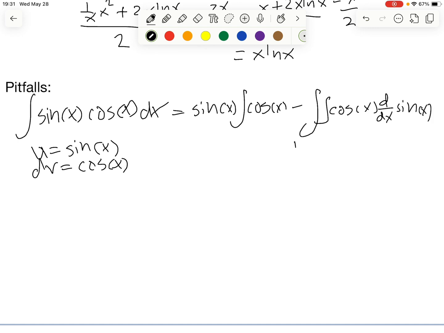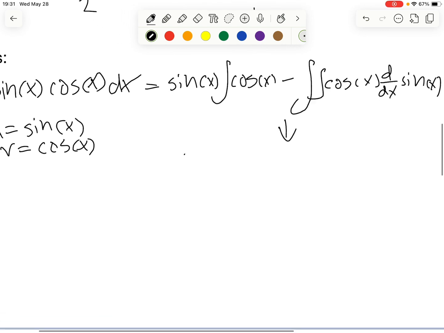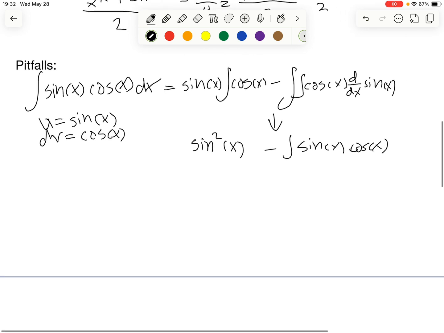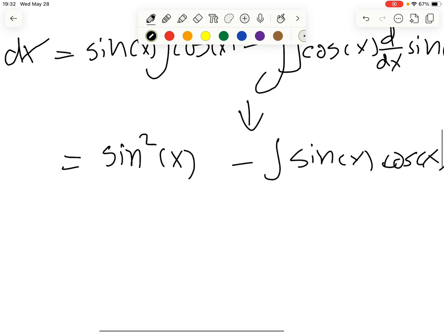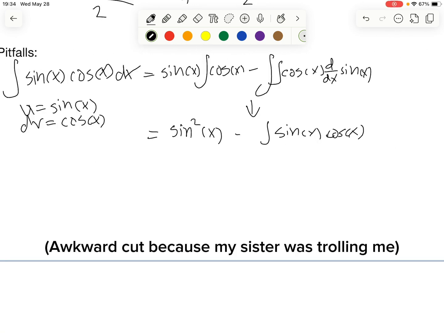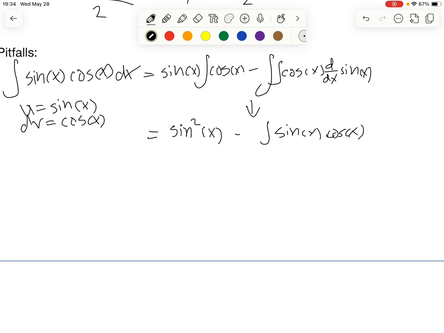Of course, after using the fundamental rule of calculus, we find that that's equal to sine squared x minus the integral of sine x cosine x. And what we found is that instead of getting a solution, we've actually completely recreated the original problem and just slapped a sine squared x here.